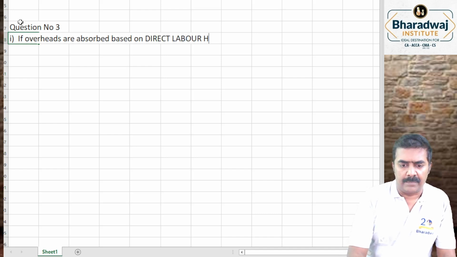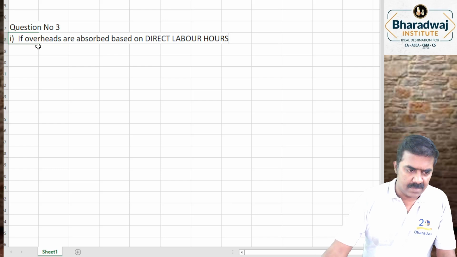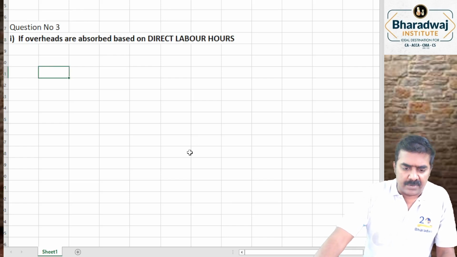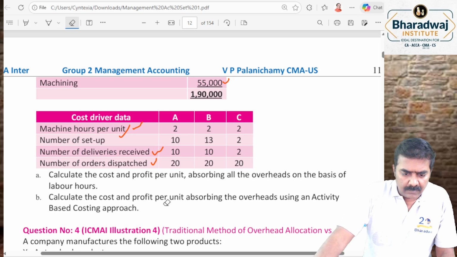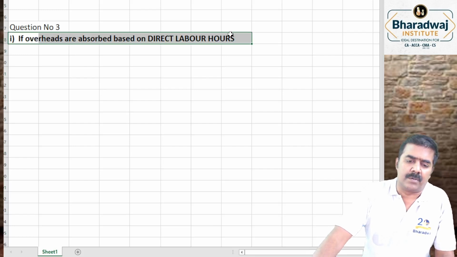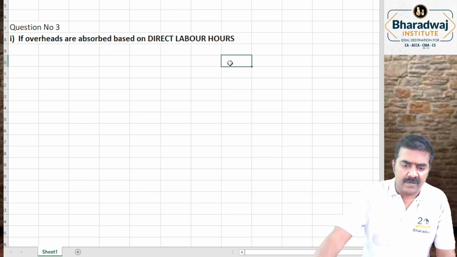Direct labor hours. Do they ask you total cost or cost per unit? They ask you to find out cost and profit per unit. Okay. So how to work out? If overheads are absorbed based on direct labor hours, we want total overheads. We want which one?